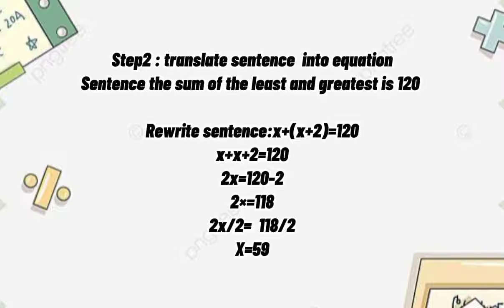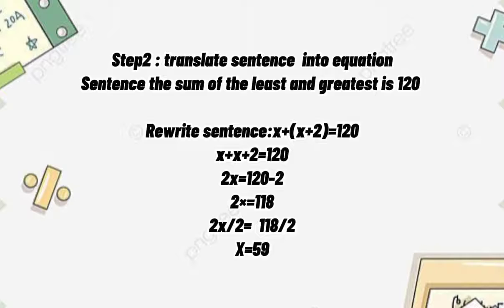So rewrite the sentence. Since x is your least integer and x plus 2 is your greatest integer, and you have a basis in your assigned variables, you can now substitute. What comes out is x plus x plus 2 is equal to 120.